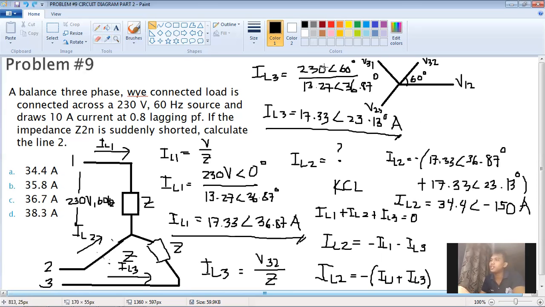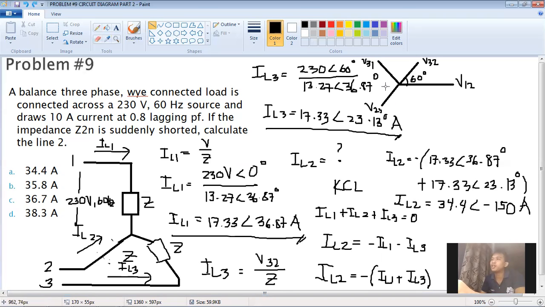So as you can see here, 230 volts, angle of 60 degrees. Why 60 degrees? It's because V32, or the voltage between 3 and 2, when V12 is at 0 unity power factor, is at 60 degrees, and V31 will be 120, and V23 will be 240.